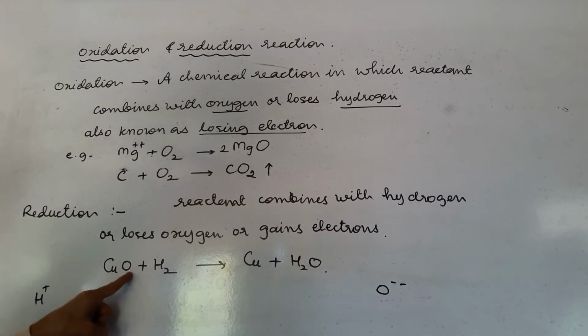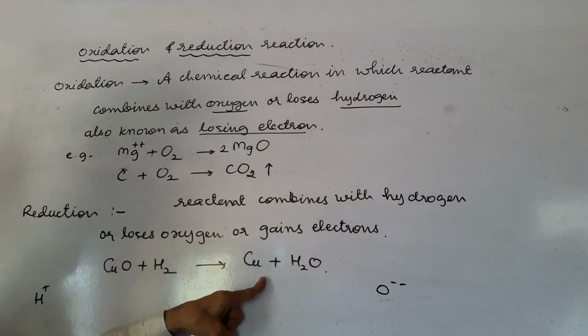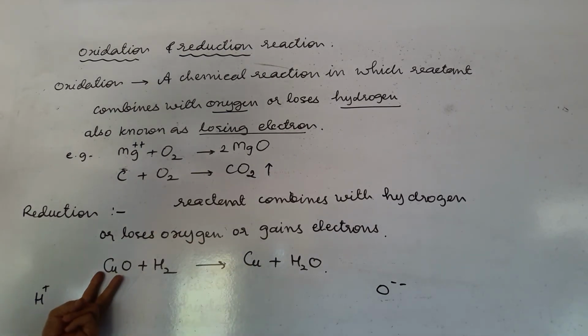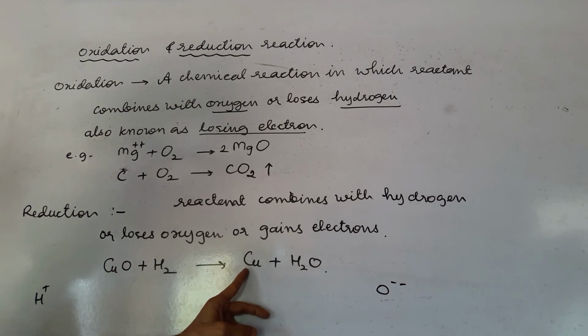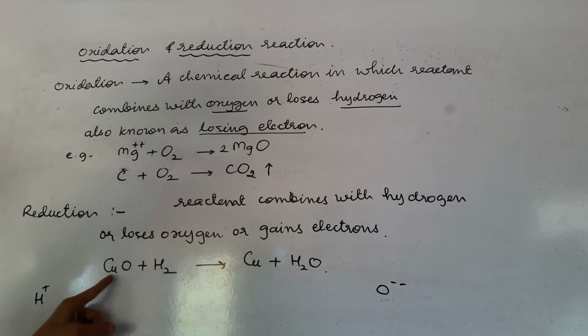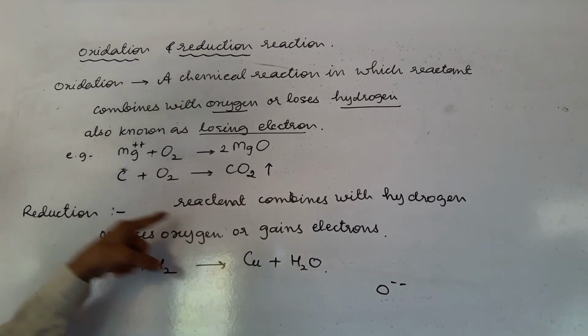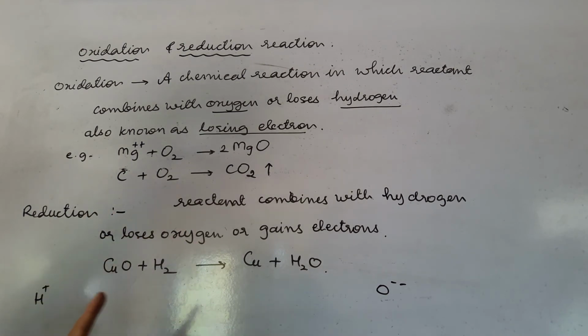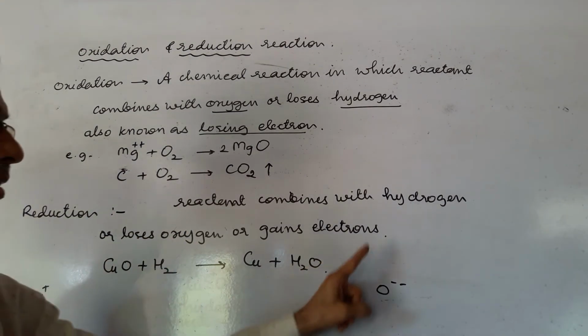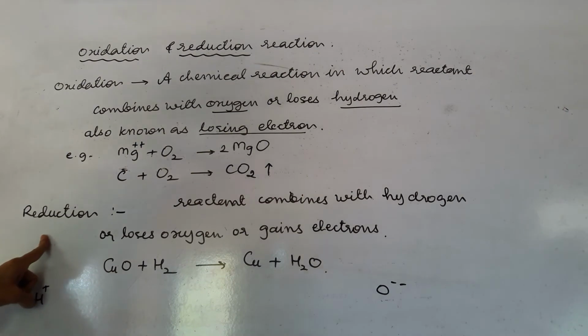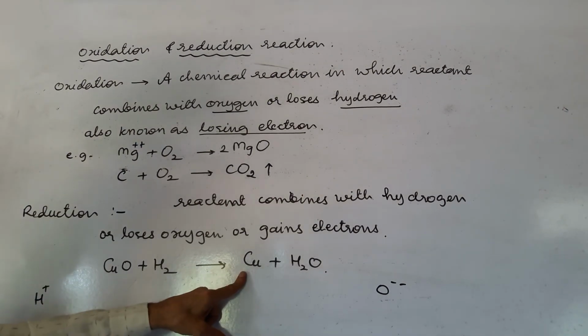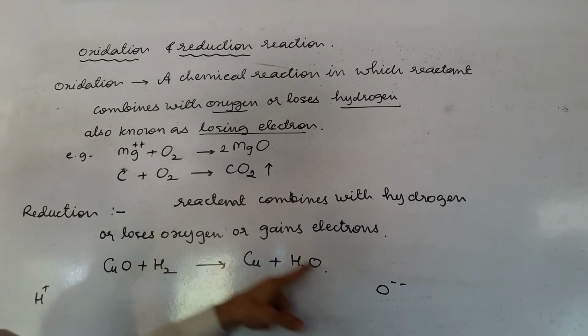So copper oxide is reduced to copper, because copper has lost oxygen. In the reaction, on the reactant side copper oxide is there, and on the product side only copper is there. Copper has lost oxygen, and losing oxygen is called reduction. So here copper is reduced and hydrogen is oxidized.